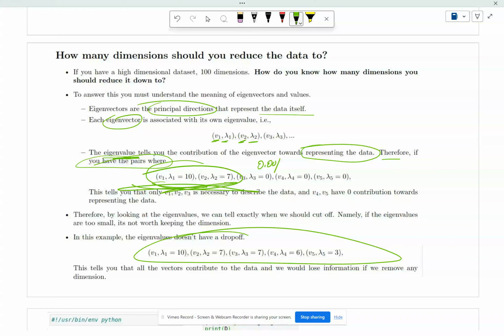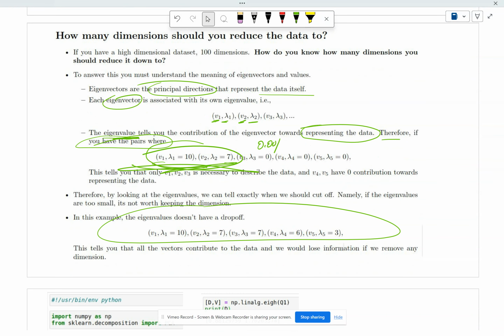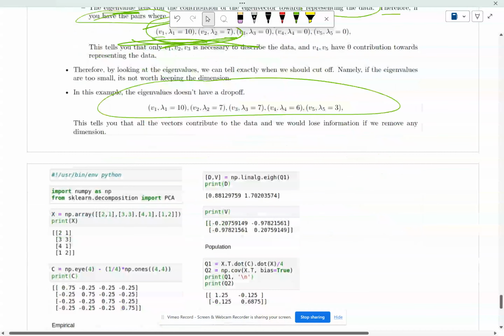So don't perform PCA just to reduce the dimension of the data for the sake of reducing the dimension. You need to look at the eigenvalues so that you are making sure you're not just blindly removing the dimensions that you really should be keeping. Okay, so that's the key point here. By looking at the eigenvalues, it tells you the contribution.